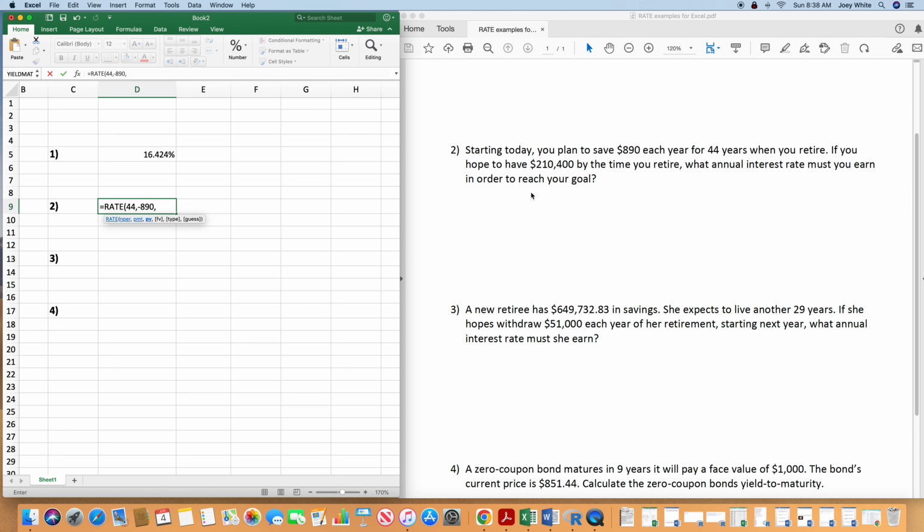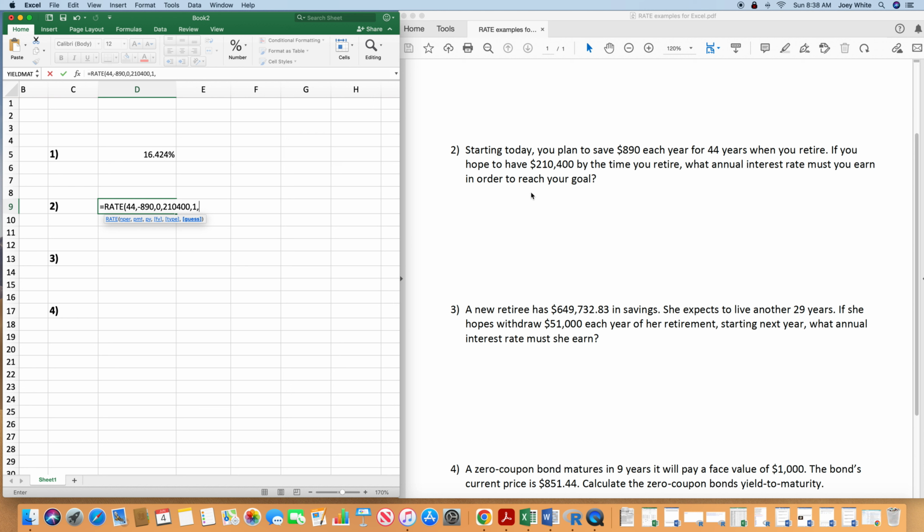The first payment that you make today is already included in the payment, is basically what I was trying to say. So there's no present value. The future value, that's 210,400. That's what we hope to have by the time we retire. Comma. Now this is an annuity due, so we'll put 1.